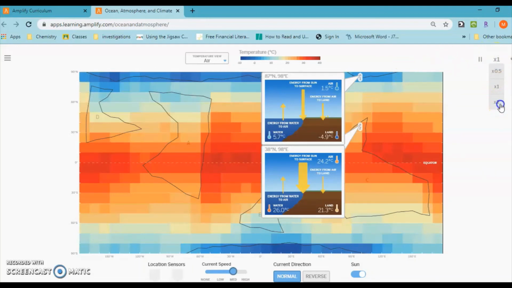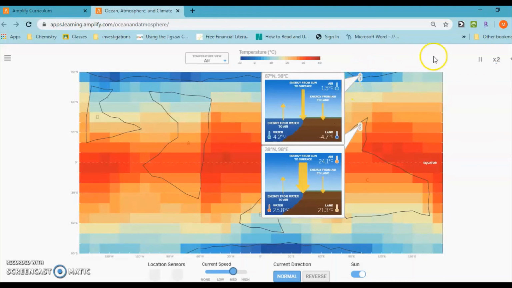Jackson's just going to make this go a little faster. And it looks like the air temperature is in between 1.3 and 1.4.